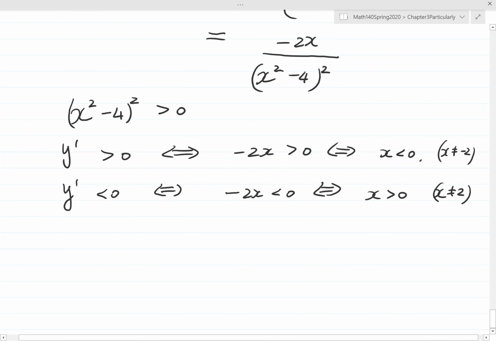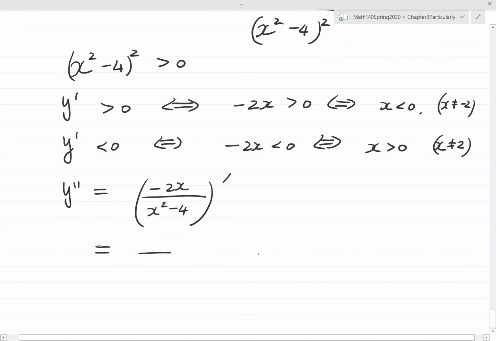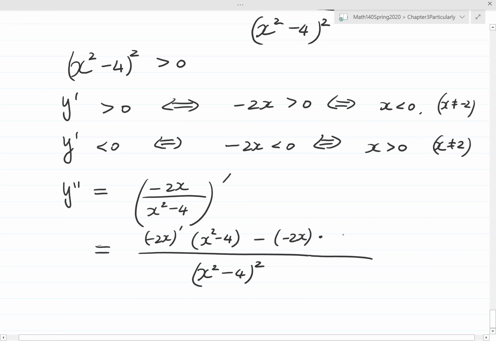Now let's find its concavity by looking at its second derivative. The second derivative can be done as follows. We take the derivative of the first derivative again. Now we need to use the quotient rule. The numerator's derivative is negative 2, multiplied by the denominator fixed, minus negative 2x, keep fixed, multiplied by the derivative of the denominator.